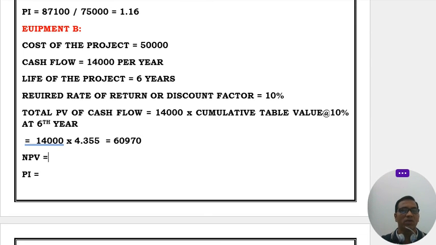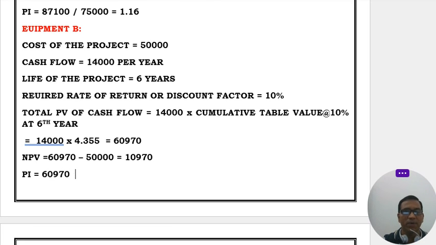Now NPV equals total PV of CFAT, 60,970, minus cash outflow, cost of the project, 50,000, that is 10,970.